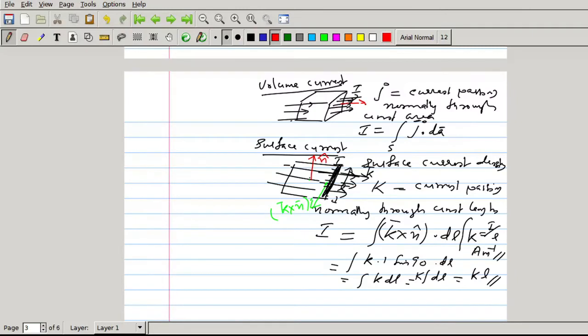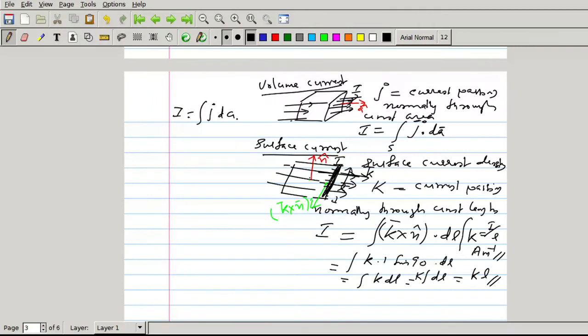If the current density is also normal to the surface, and along this area A the current density is the same, then J and A are along the same direction, so cos 0 is 1.